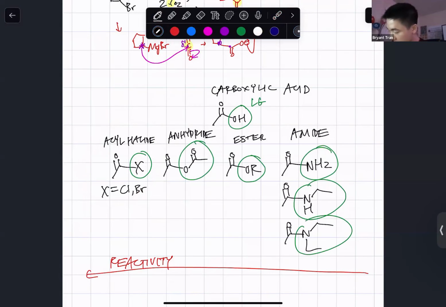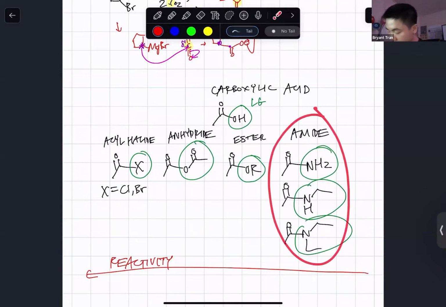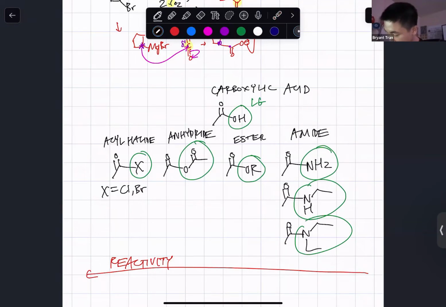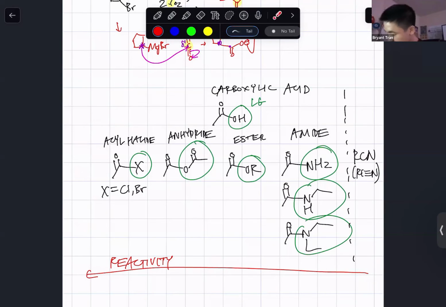The amide is going to be the least reactive derivative. A cousin of these derivatives is the nitrile, which is a carbon triple bonded to a nitrogen right there. That's a cousin of the carboxylic acid derivatives.